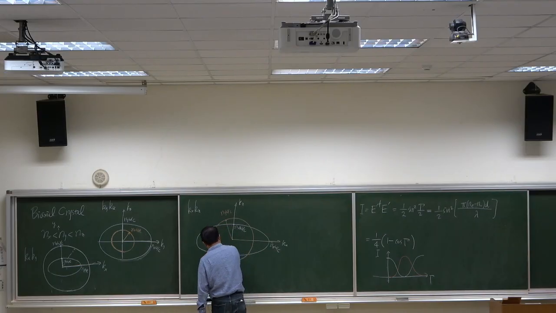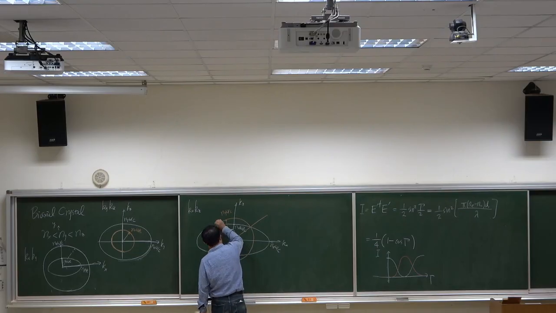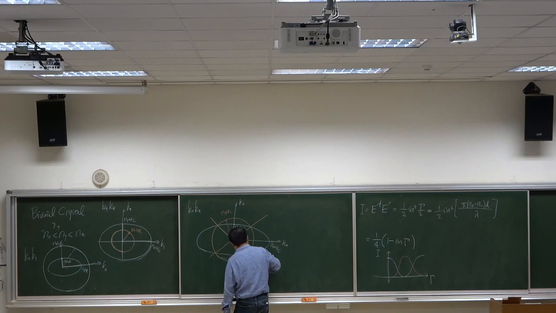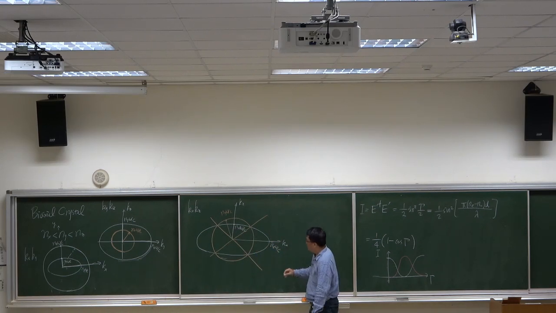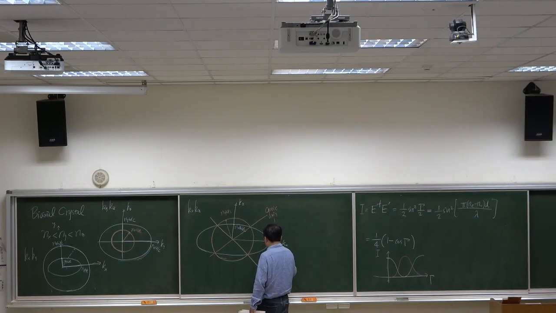This is the first optic axis, and this is the second optic axis. We have optic axis 1 and optic axis 2.